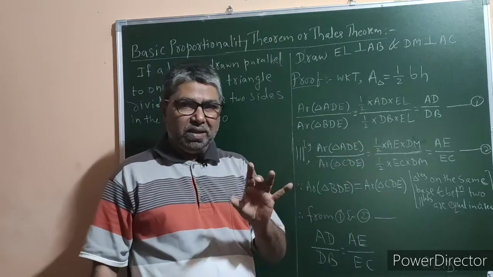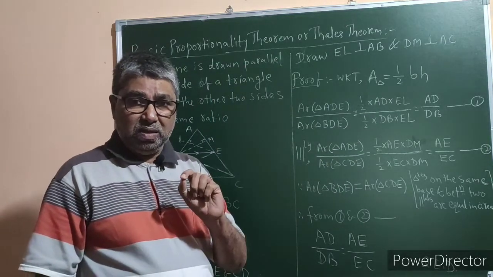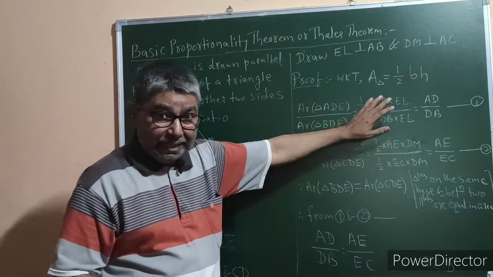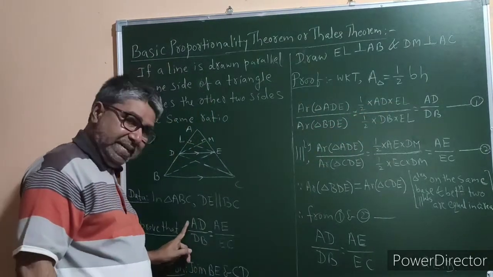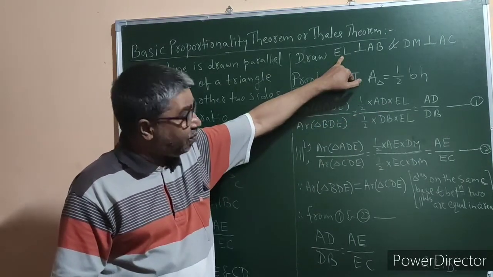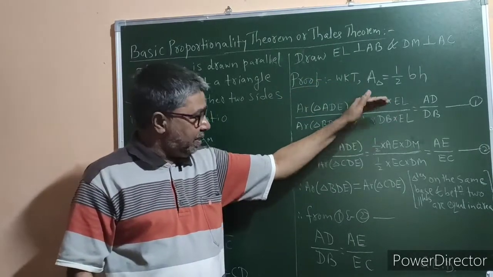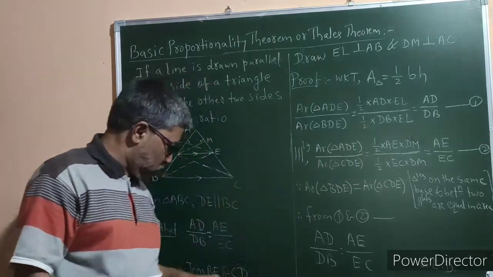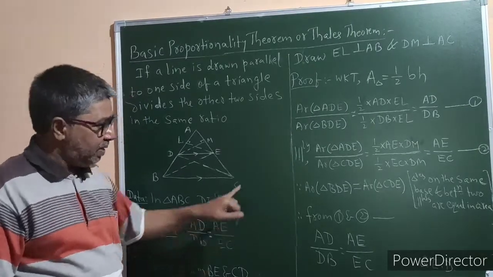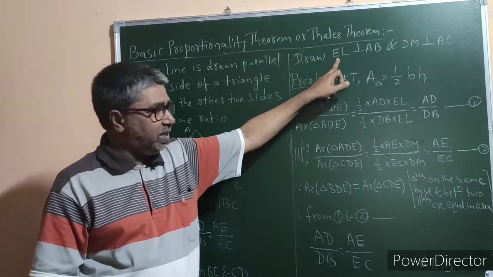Now how to remember this? I give some hints here to remember what to write. Write half into AD into the first altitude EL, divided by half into DB into again the same altitude EL.